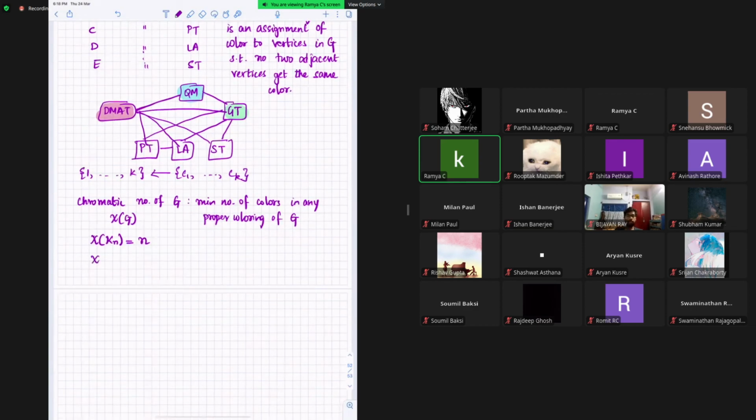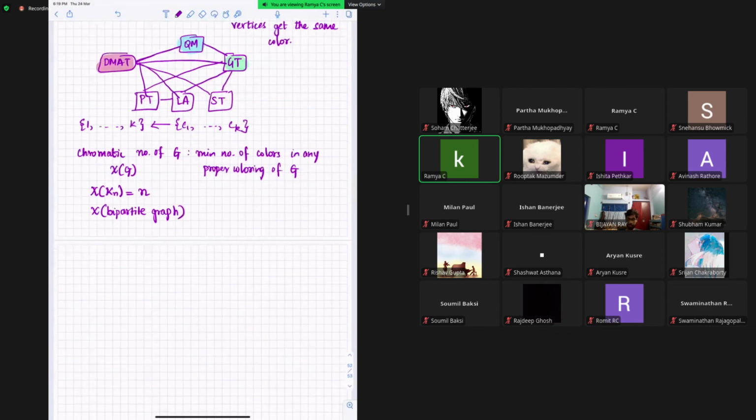Now can somebody tell me what chi of a bipartite graph is? Okay, so you are saying that with two colors, I can always properly color a bipartite graph. You have two partitions. One partition you give all the vertices red color, the other partition you give all the vertices blue. So now suppose I give you some graph and you are able to two color that graph.